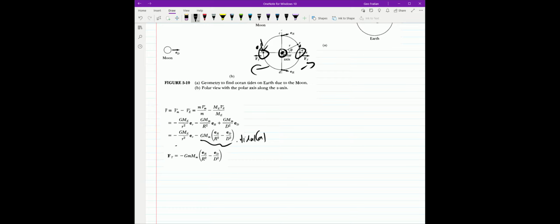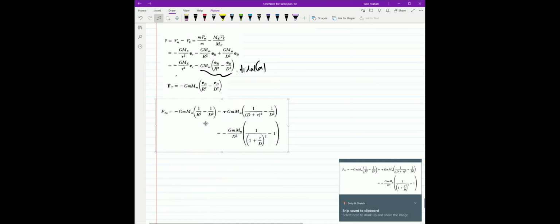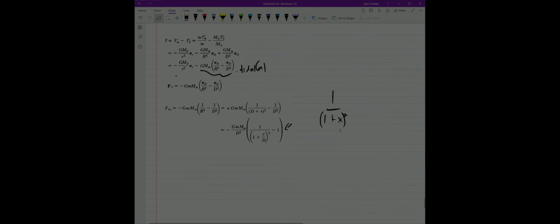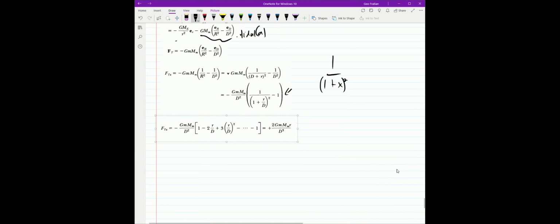Now we can resolve this into components, and we can get the tidal force on the x-axis is given by, we remove the e_r components and just replace it with a unit vector in the x direction, and we resolve this equation, which doesn't mean much until we can expand it using the 1 over (1 plus x) squared expansion, and that resolves us to a much more usable format, which we can do since we know the distance between Earth and the moon is much, much larger than just the radius, right?